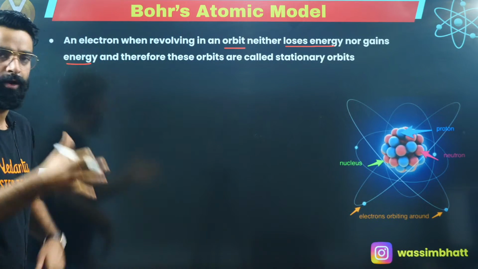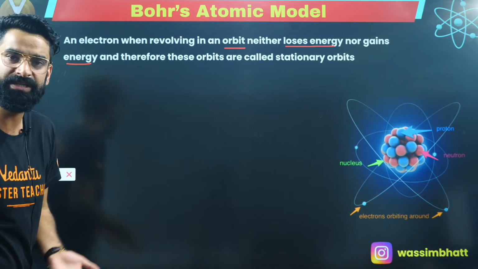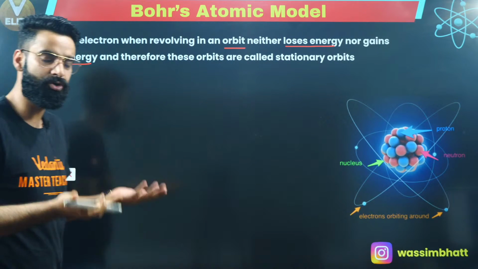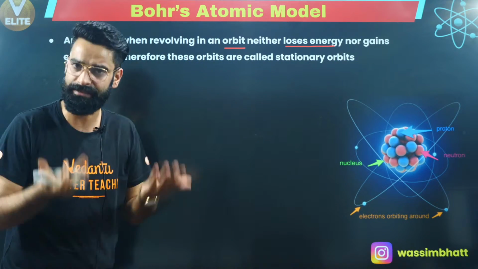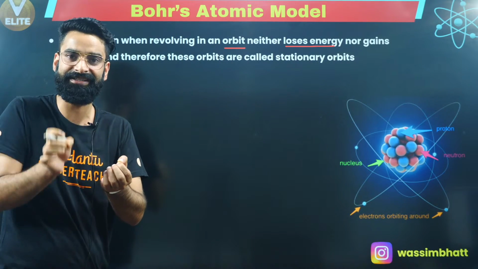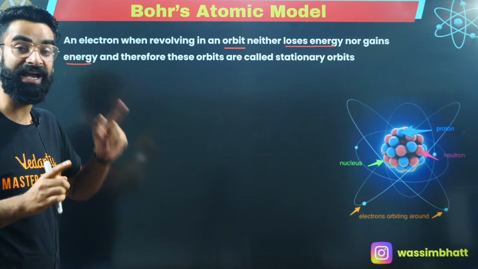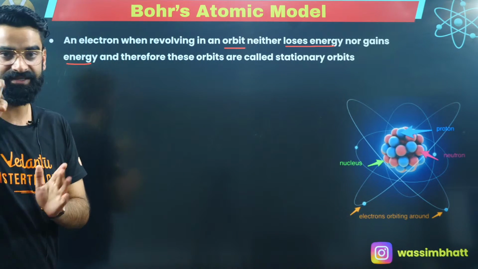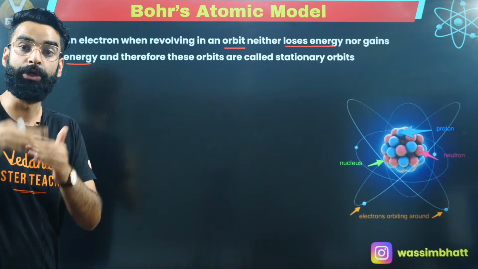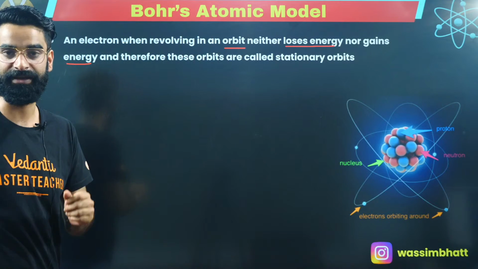If the electron is neither gaining nor losing energy, then the radius of its orbit should not decrease and the electron will not fall into the nucleus. I'll show you mathematically in some time why the electron is not losing or gaining energy when it's revolving around the nucleus.